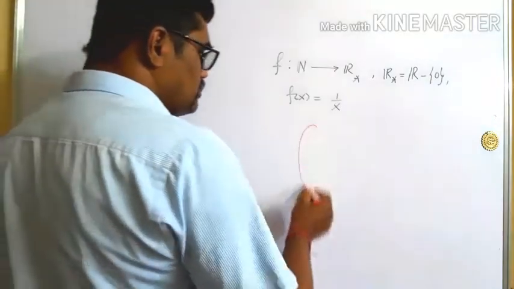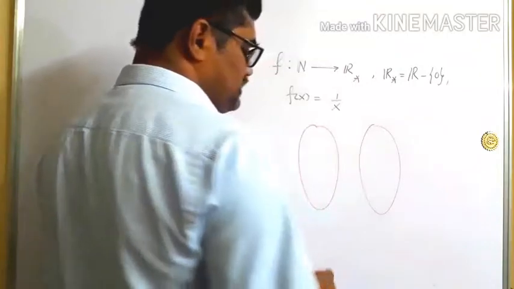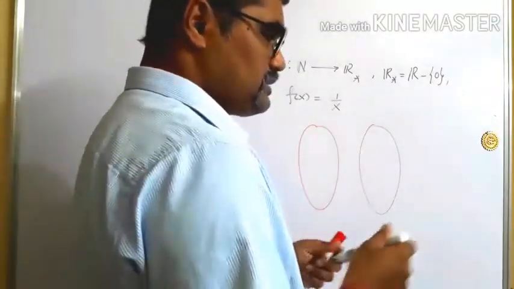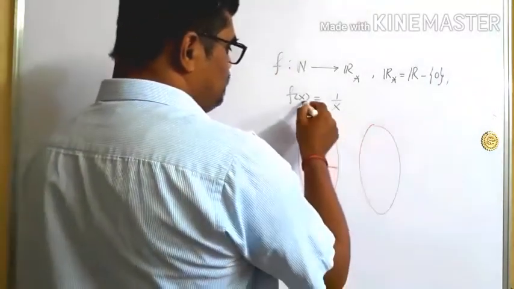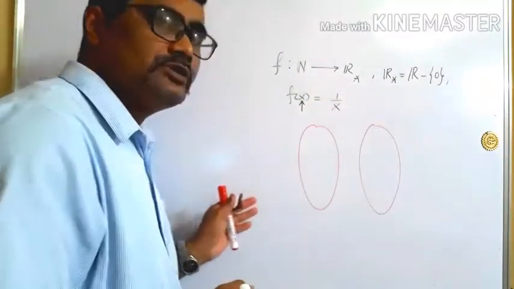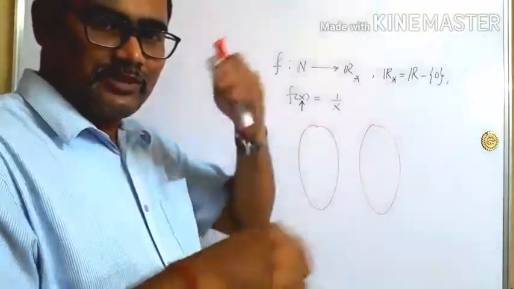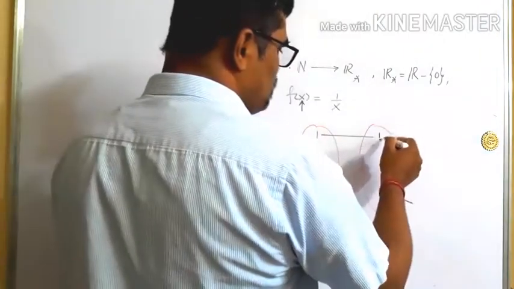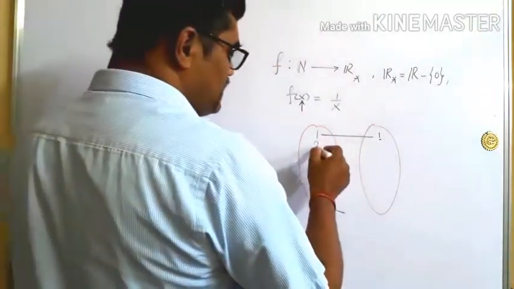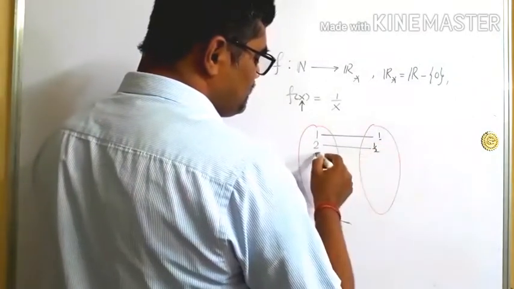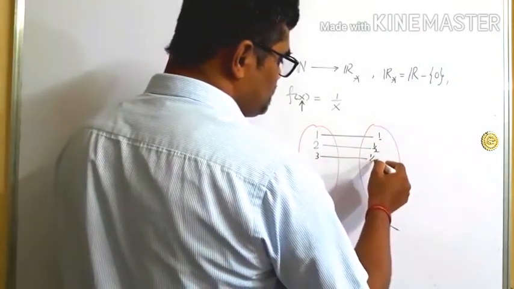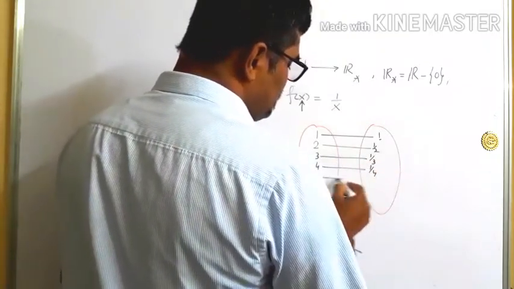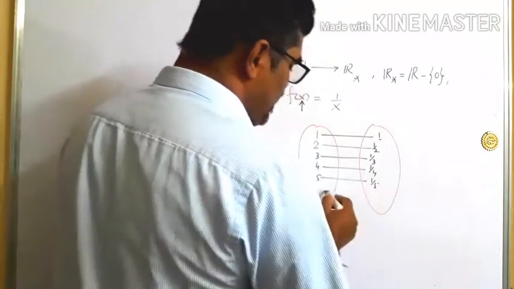So give a quick look at what type of numbers you are going to get here. Now I am doing it very roughly for explanation purposes. So just see this. My input is x, output is the reciprocal of that, 1 by x. You just make it upside down. If I give 1 as the input, output will be 1 by 1, that is 1 only. If I give 2, it comes out as half. If I give 3, it comes out as 1 by 3, 4, 1 by 4, 5, 1 by 5, and so on.